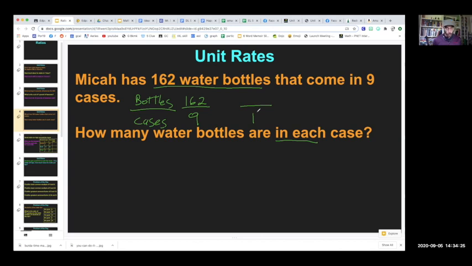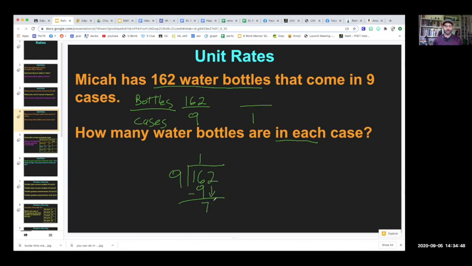Ready, go. All right, so what you should have done here is do 162 divided by 9. So let's just write that out. 162 divided by 9. 9 goes into 16, 1. With 1 times 9 is 9. Subtract. 16 minus 9 is 7.